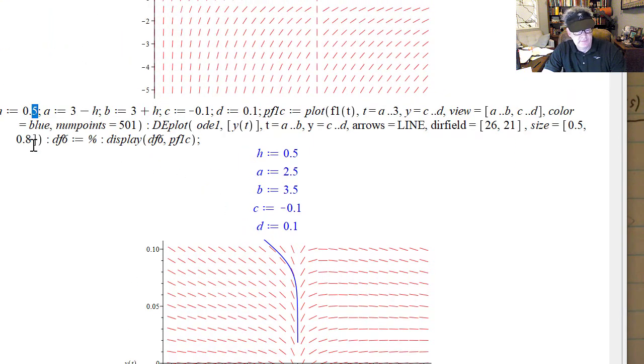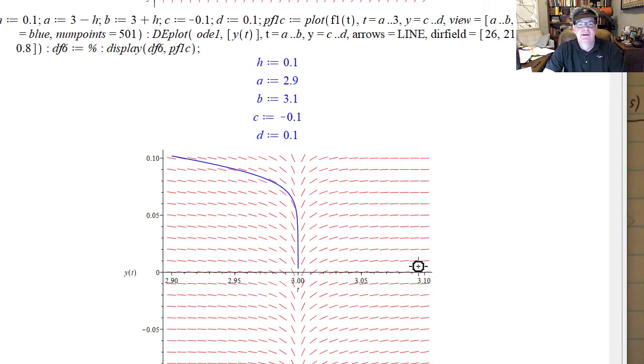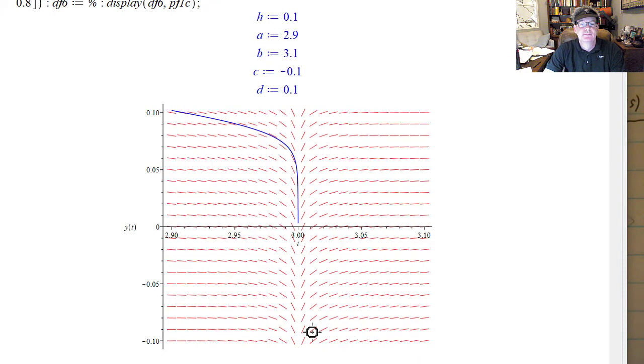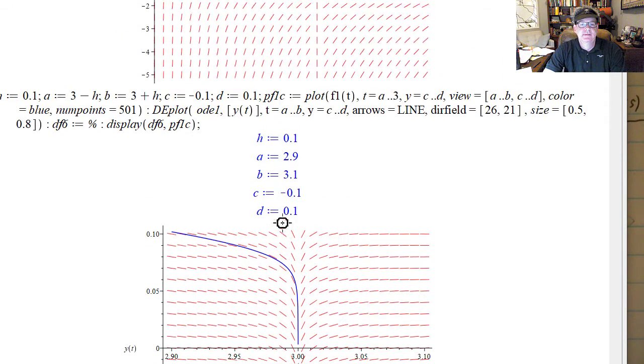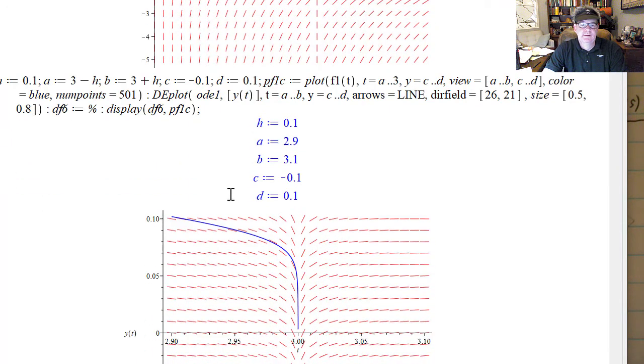If I make this smaller, so this is the x. Going in 3, I went plus or minus 5, and that'll be plus or minus 1, so 2.9 to 3.1. If I change the y's, it won't matter.